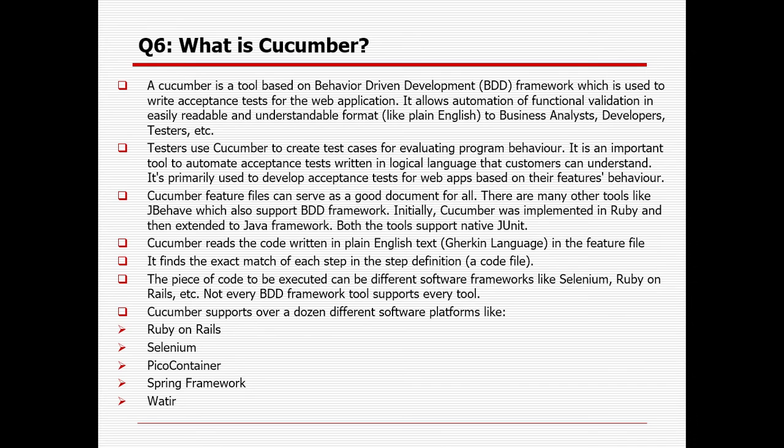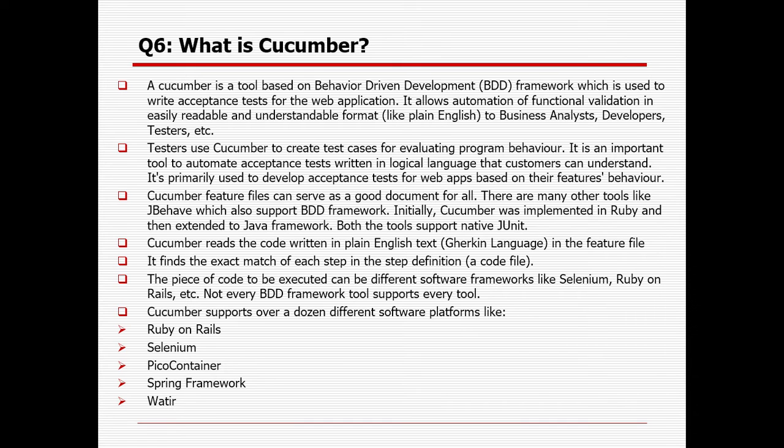Then what is Cucumber? BDD is a framework, whereas Cucumber is a tool. Please remember these two lines. BDD, TDD, data-driven framework, hybrid framework, keyword-driven framework, modular framework, all are frameworks. Whereas Cucumber and JBehave are tools which support the BDD framework.